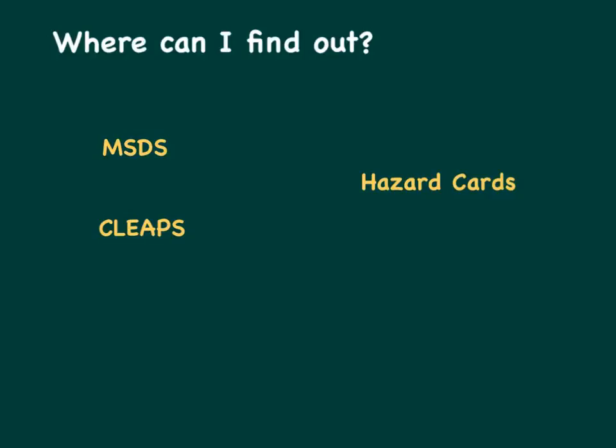Now, I would expect you to be able to find them and use them. These give us some indication and specifics about what we need to do and what we need to find out and how best to minimise the risks, especially with chemicals.